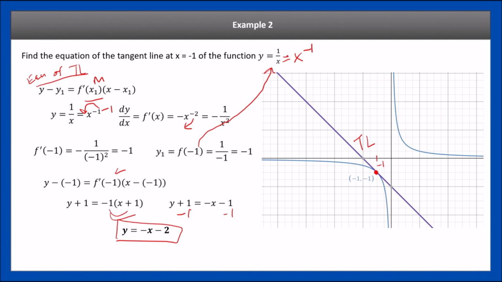All right, you can tell that this is negative x minus 2 because this is negative 1, this is negative 2. So the y-intercept is negative 2, and then we can see that the slope of this line is negative 1. That's the slope of that tangent line. So that agrees with what we got for the tangent line equation.